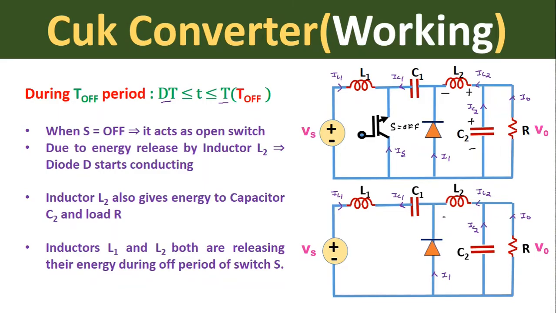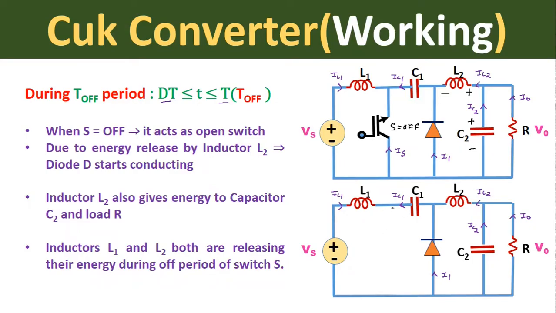Now the inductor already stored the energy, it starts releasing its energy and it will give the energy to the capacitor C2. Okay, but the polarity of the inductor voltage is plus on this point and minus on this point. Now the capacitor will charge with opposite polarity, so the waveform will come in the downward direction.